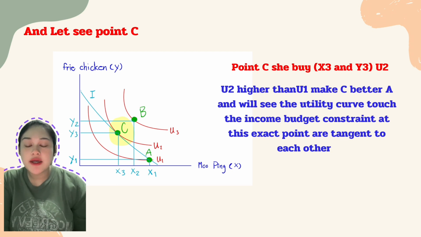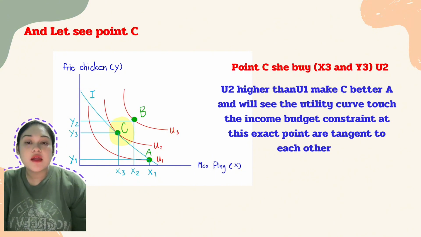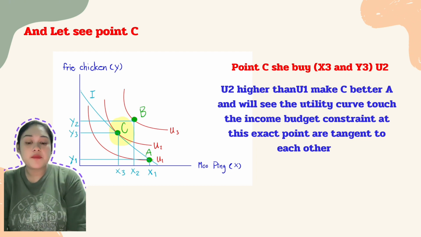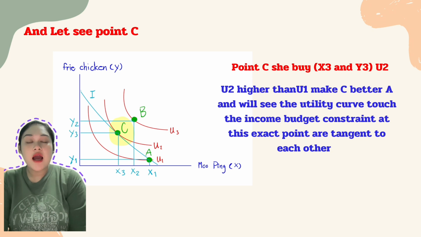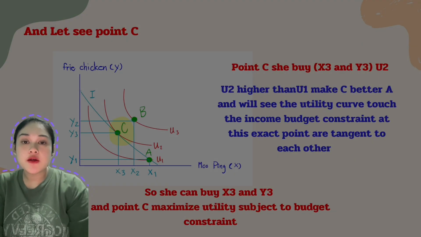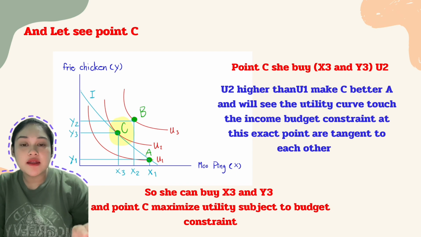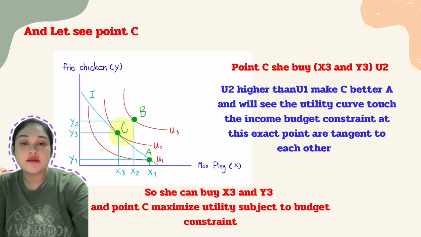U2 is higher than U1, which makes C better than A, and we will see the utility curve touch the income budget constraint at these exact points, which are tangent to each other. So she can buy XT and YT, and point C is the maximum utility subject to the budget constraint.